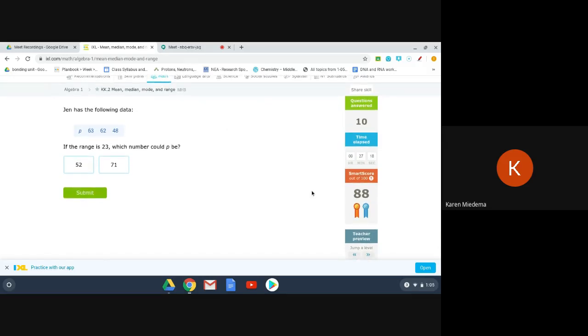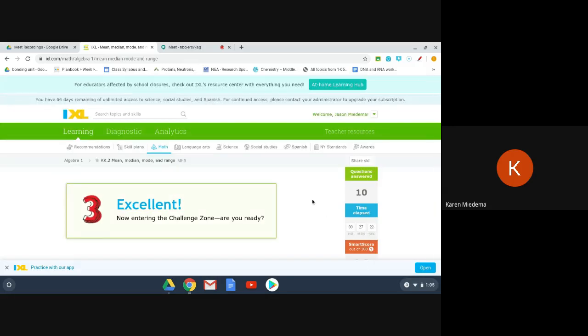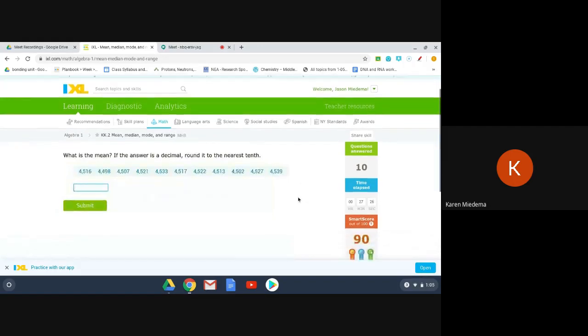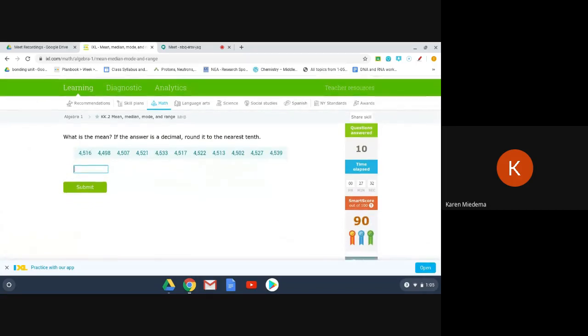Okay, again, we did one like this. Just want to do one example with decimals and where you have to round. It says, what is the mean? If the answer is a decimal, round to the nearest tenth.